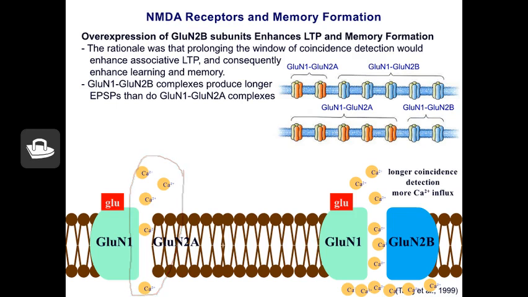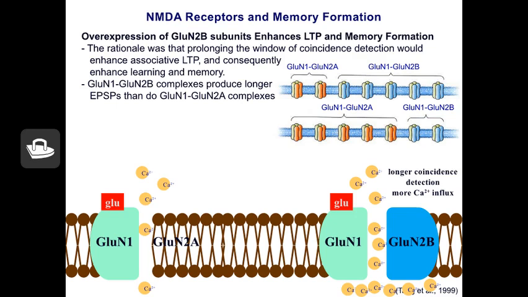Okay, but on the other side over here, we see that the GluN1, GluN2B stays open for a longer duration. When glutamate binds and the postsynaptic receptor is depolarized, this NMDA receptor stays open for a longer time, increasing both the window of coincidence detection and allowing a much greater influx of calcium.